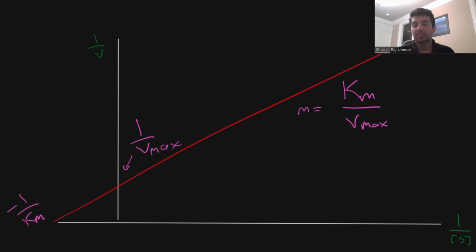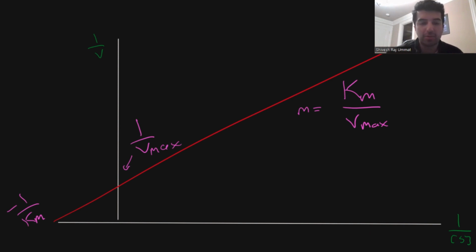So the axes are essentially inverted. And we'll notice that our slope is actually Km over Vmax. That's the most interesting point here because this relates the two constants that we've defined in the Michaelis-Menten equation and synergizes all of our enzyme kinetics into these two values.